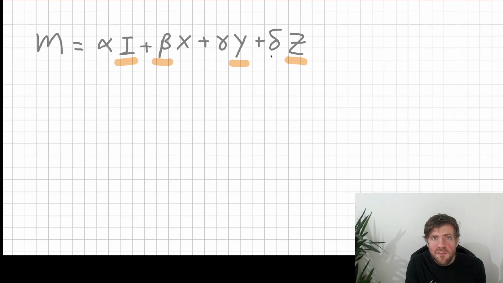But I'll leave that for you to investigate yourself, but hopefully it should be clear now that we can also write down matrices as sums of Pauli matrices.